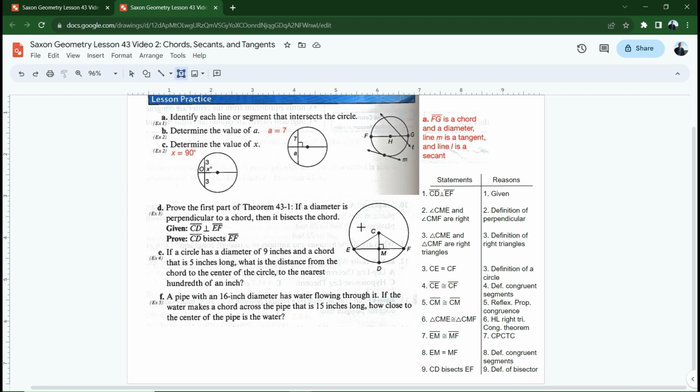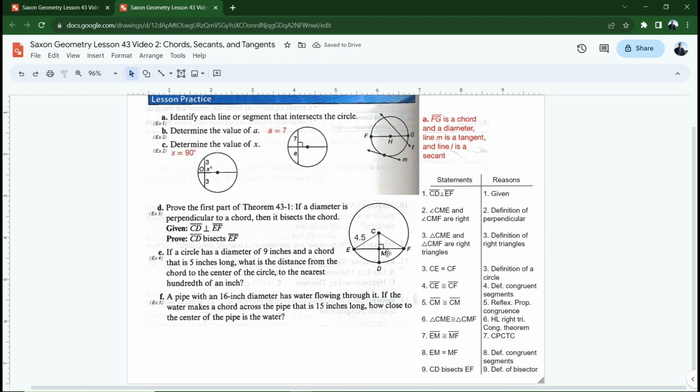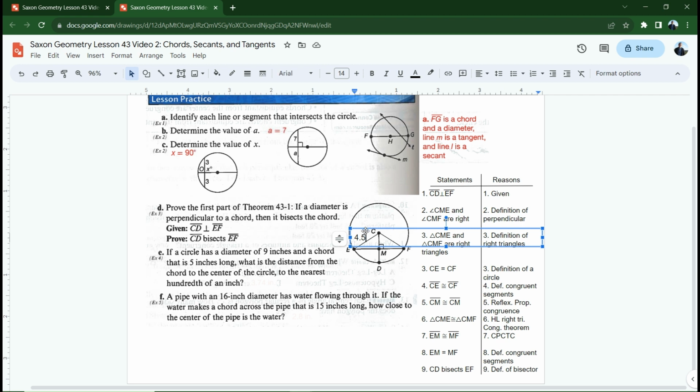And do I have any radii drawn on this circle here? Well, I have three radii, CE, CF, and CD. All of those are just 4.5 inches. Okay, so I'm just going to put 4.5 there. And we know that that's also the same distance as CF. Okay, so if that's 4.5, and let's see, I know the chord is 5 inches long, but wait a second.